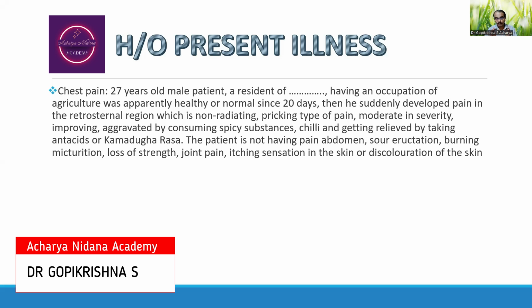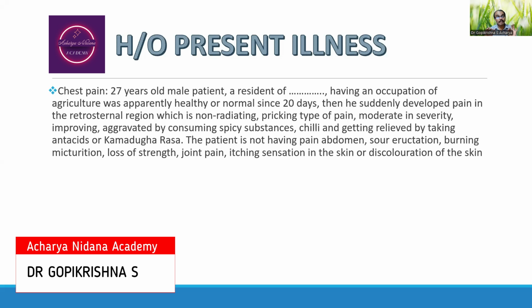So here the onset has come. After that, the duration was 20 days, that has come. Then comes the location of the pain, that is the retrosternal region. Radiation, that is non-radiating, that has come.